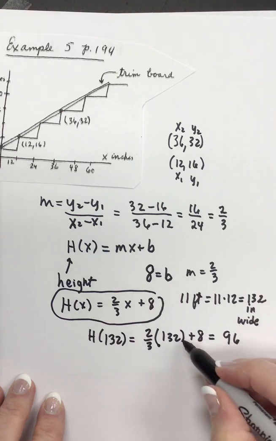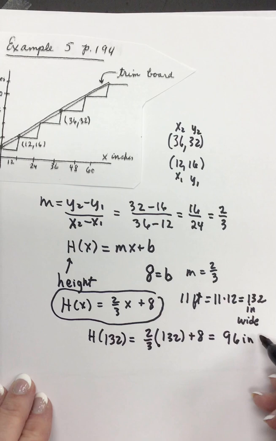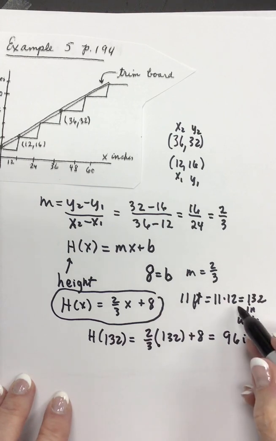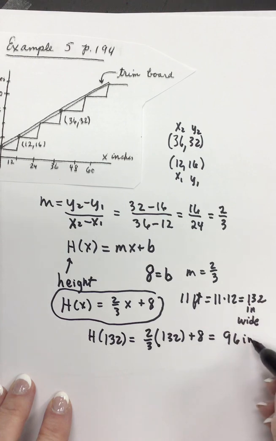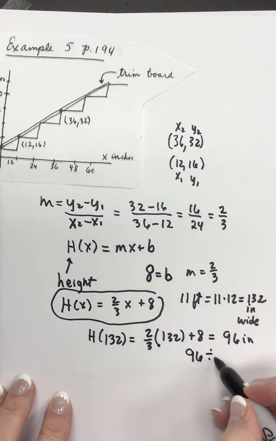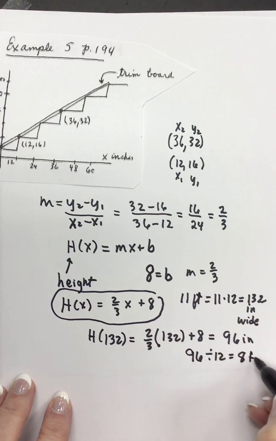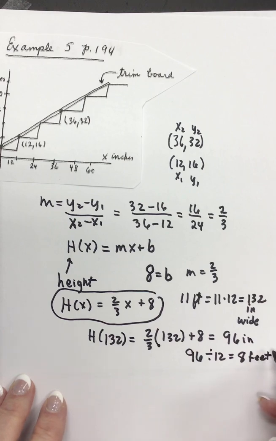Inches, because 132 is inches, so 96 inches. But we don't want to know how many inches, we want to know how many feet. So now we go backwards. Up here we multiplied by 12, now we're going to divide by 12. So 96 divided by 12 gives me 8 feet. So the staircase will be 8 feet high at a width of 11 feet.